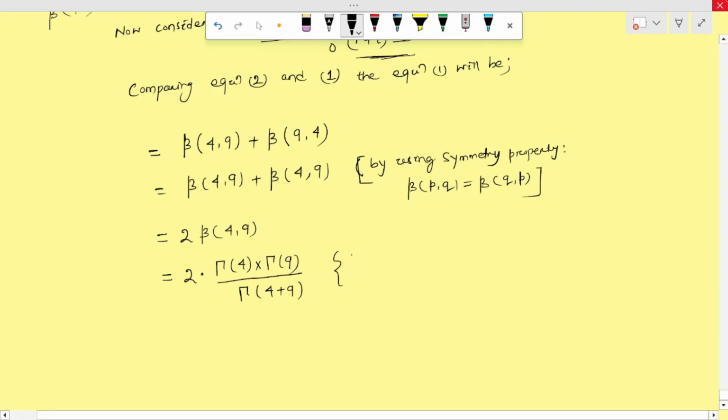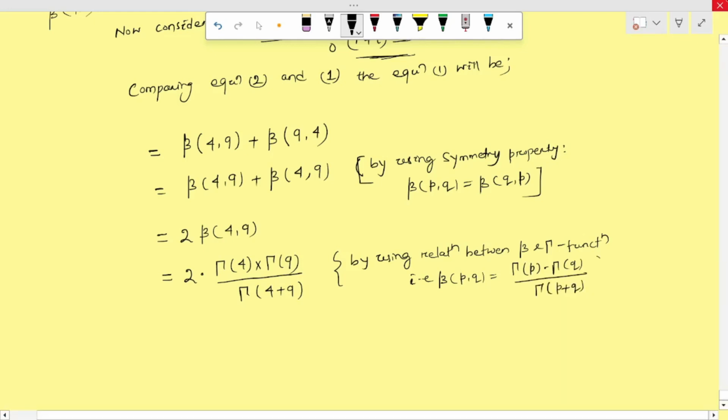By using the relation between beta and gamma function, beta pq equals gamma p into gamma q by gamma p plus q.